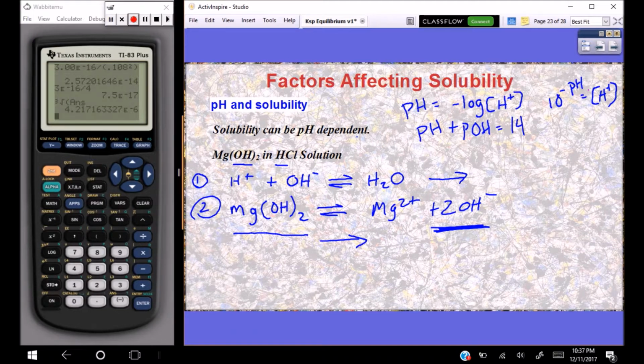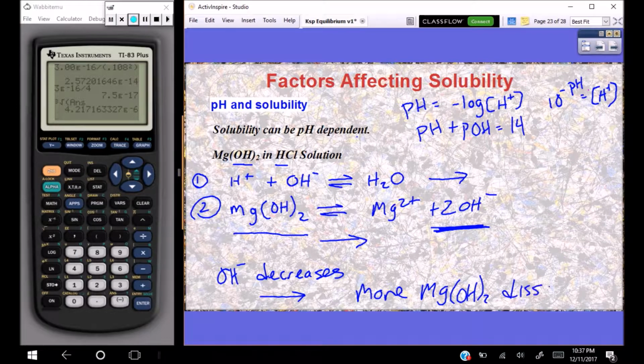So overall, by adding acid, we can decrease our OH. So OH minus decreases, and that causes the equilibrium to shift right. And when it shifts right, we get more of our precipitate or our solute dissolving. Okay, now we could actually calculate exactly how much. We'll do that in our next problem here.